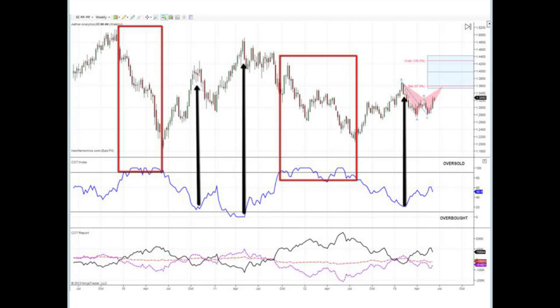I'm expecting here, you could see I have this Gartley pattern setting up on the weekly as a potential ABC before we head down, and hopefully this will push up into overbought territory, and then we'll be a little bit more confident about the ability for the commercials to re-push the market back down towards lower prices.